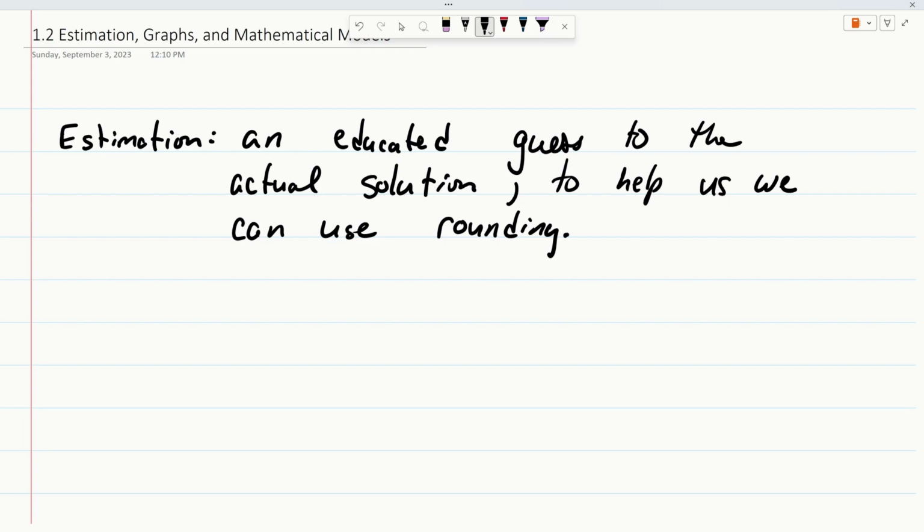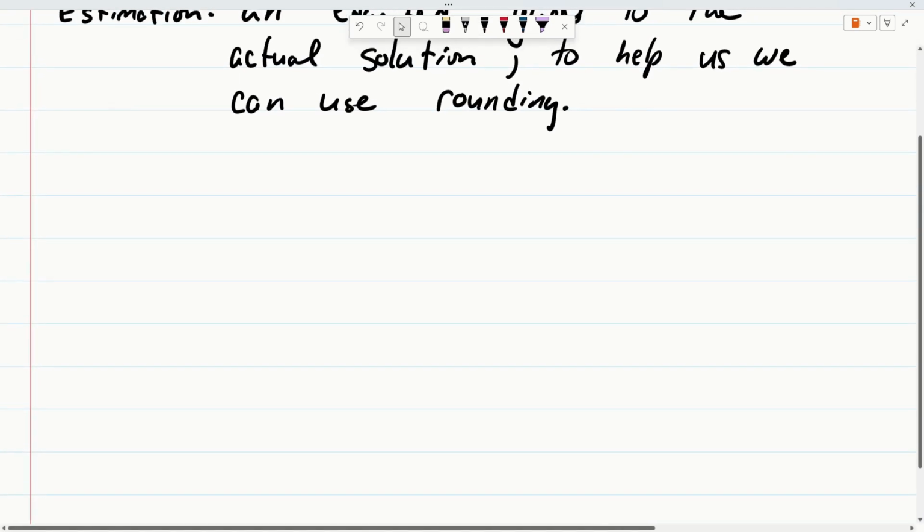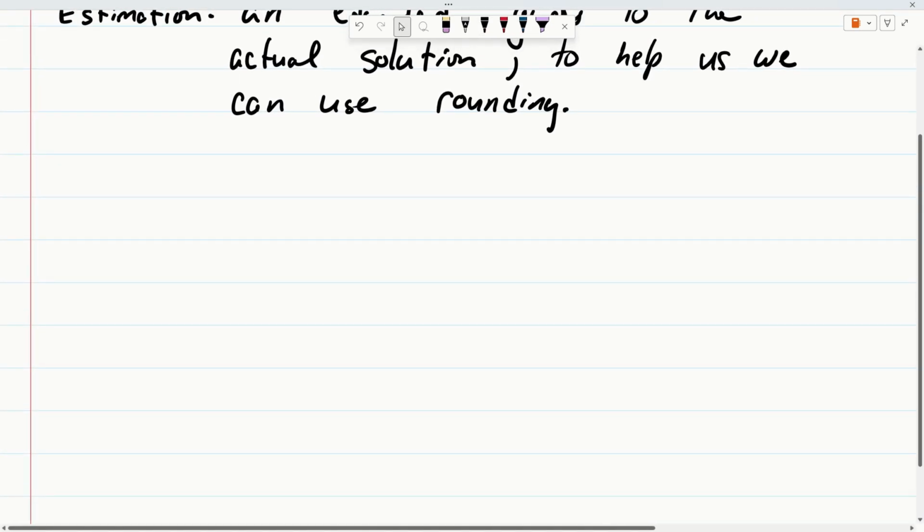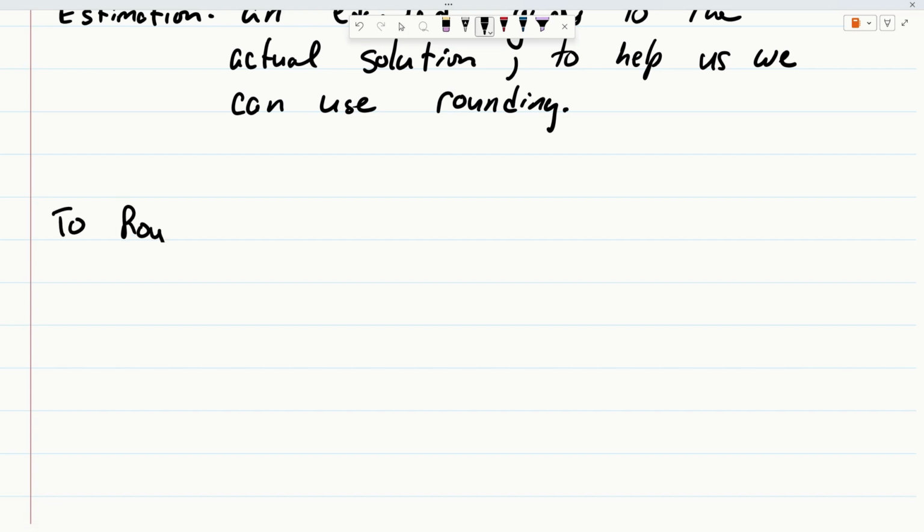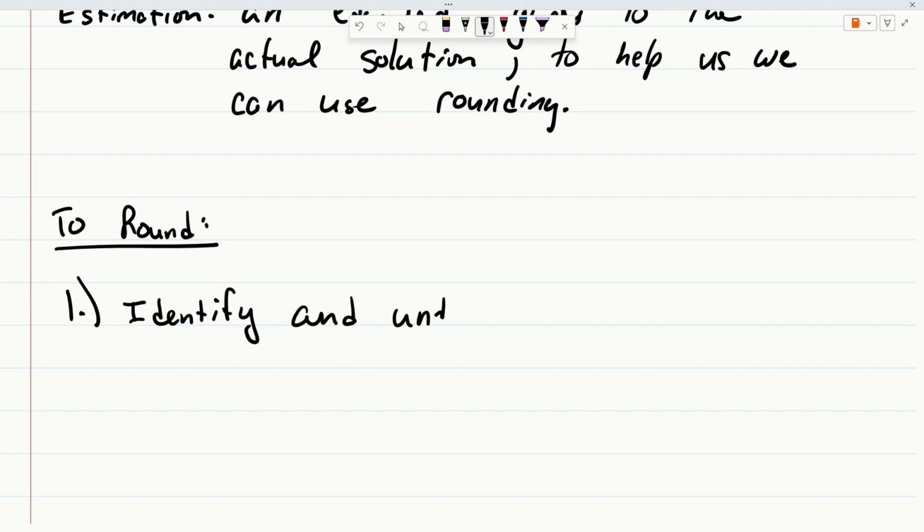So if you remember from rounding a long time ago, and if you don't, I'm just going to write down the rules anyways. So when we go to round, the first thing we do is identify and underline the given place value.